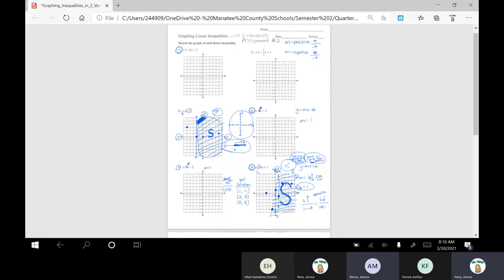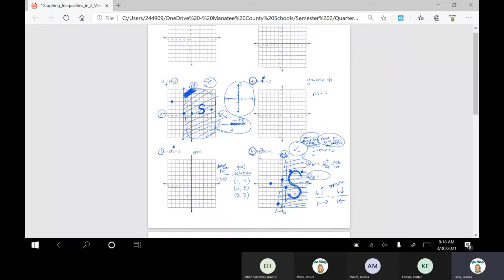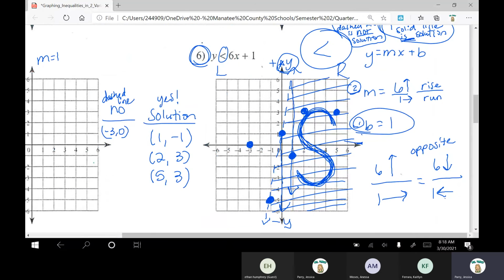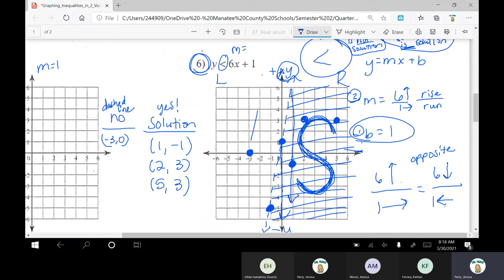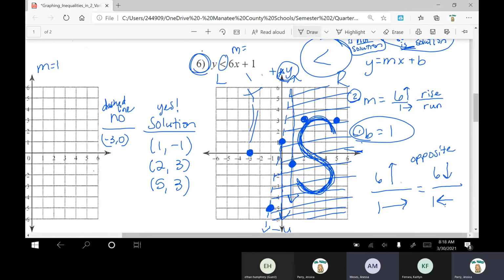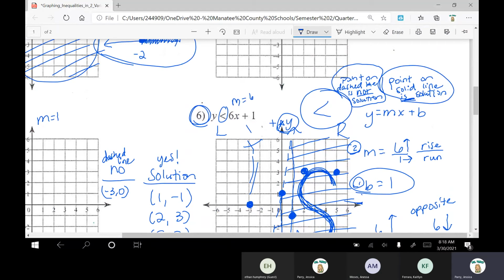Yeah. What about if M is a fraction? If M is a fraction, we actually want it to be a fraction. So like, let's look at number 6 again. Number 6, because I think you're referencing number 2, correct? Mm-hmm. Okay, so let's look at number 6. Number 6, originally it said M equals 6.